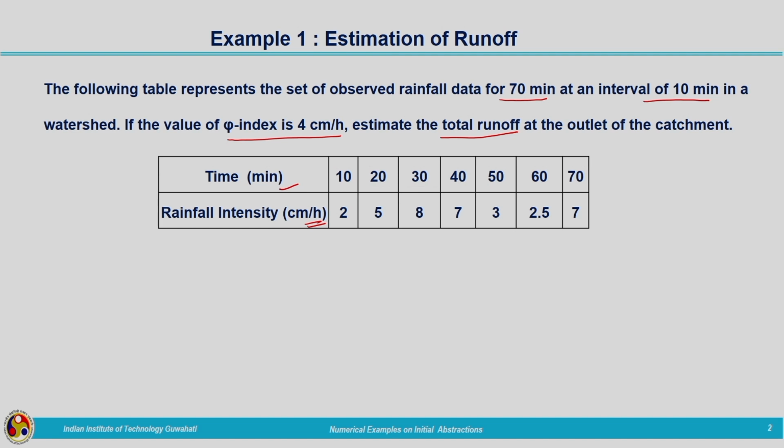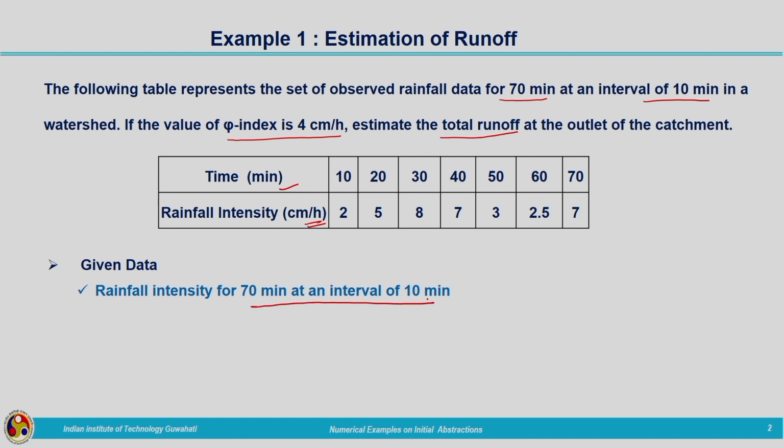You need to be very careful: intensity is in centimeters per hour and time is given in minutes. Now, let us solve the problem. Before that, let us revisit the data given. Rainfall data for 70 minutes at an interval of 10 minutes, and phi index of 4 centimeters per hour. We know how to compute the runoff depth if phi index is given. Phi index represents the constant rate of abstraction from a catchment.